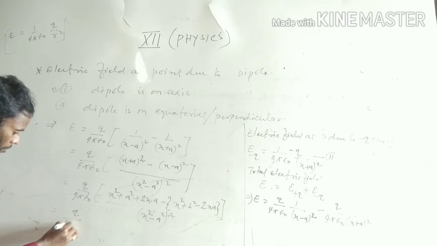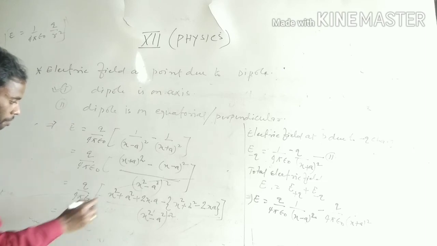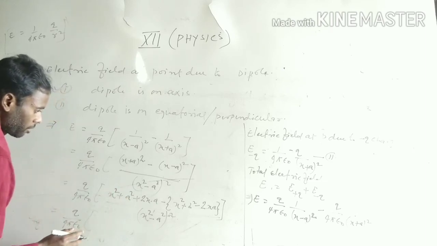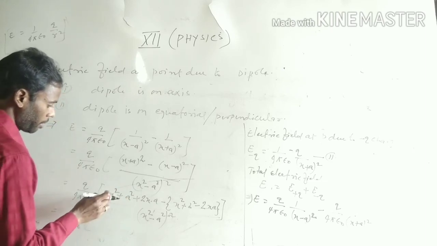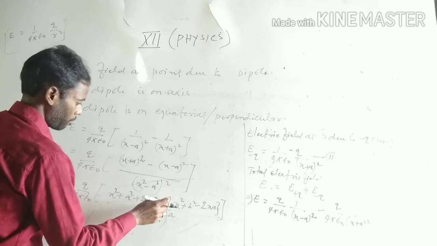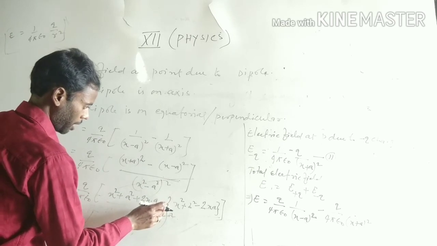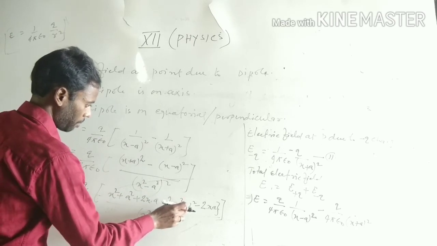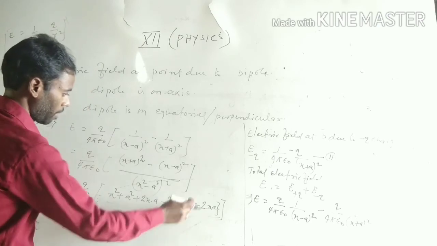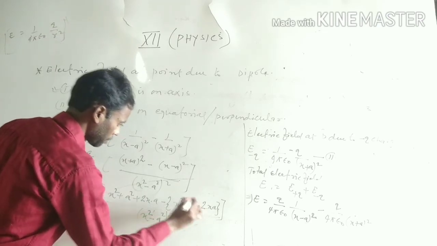Q divided by 4 pi epsilon naught, the common terms cancel out. That means x square plus a square, then we remove the bracket, so it will be minus, minus, and plus.